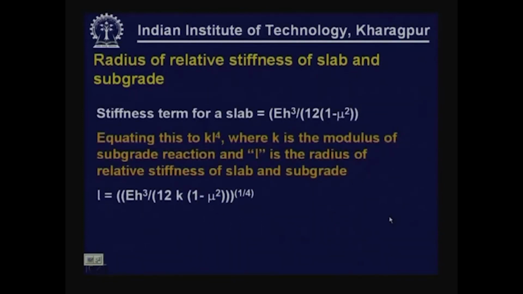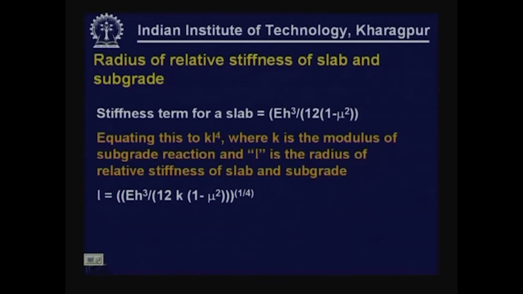The radius of relative stiffness of slab and subgrade is given by comparing the stiffness term of the slab and a similar term that we use for the foundation. The stiffness term for the slab can be given as EH cubed divided by 12 into 1 minus mu squared, where E is the modulus value of concrete, H is the thickness of the slab, and mu is the Poisson ratio of the concrete.